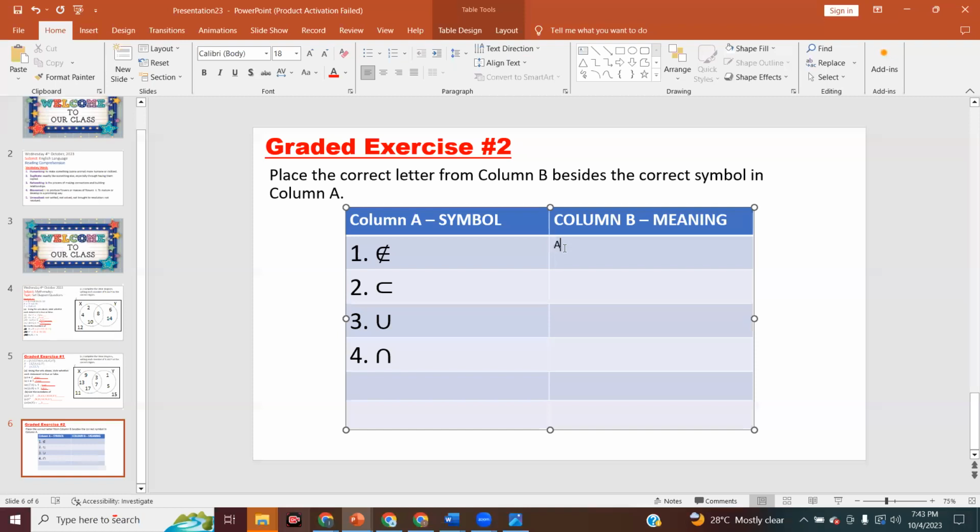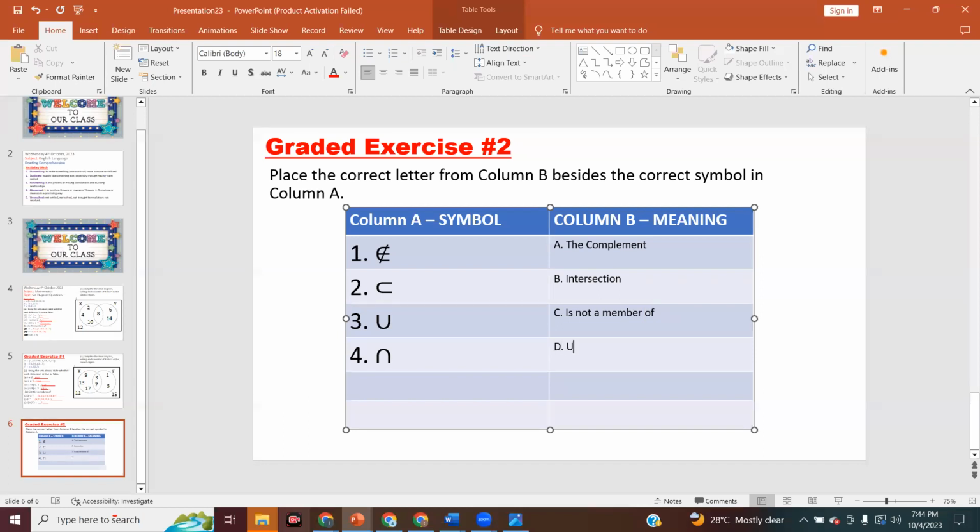Let's say that this is A. Let's call this the complement. Say that this is B, and let's call this the intersection. Say this is C, let's call this is not a member of.